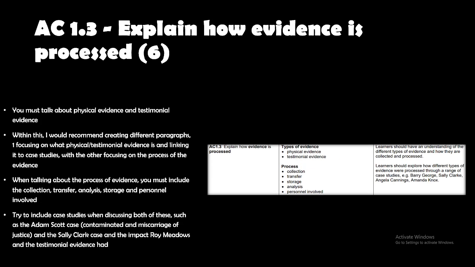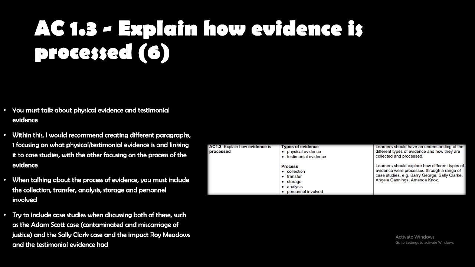1.3, you're explaining how evidence is processed. This is a 6 marker. You have to talk about physical and testimonial evidence, and then the process of the collection, transfer, storage, analysis, and the personnel involved with these. I recommend linking them to case studies.